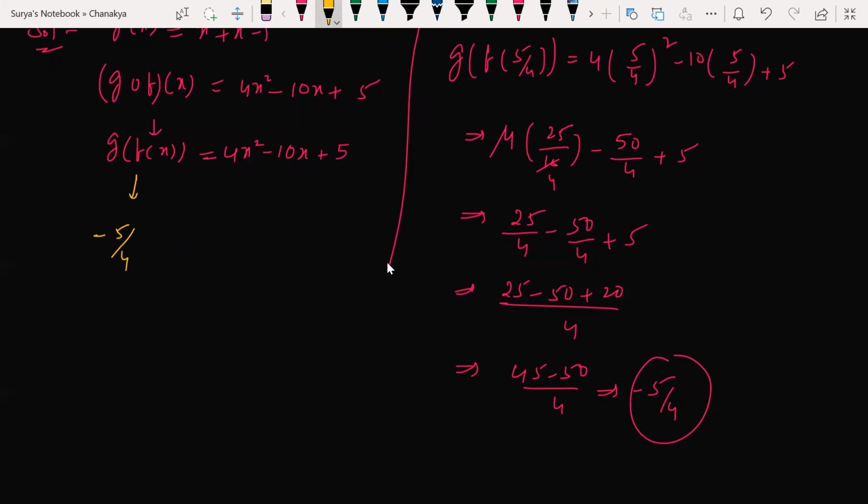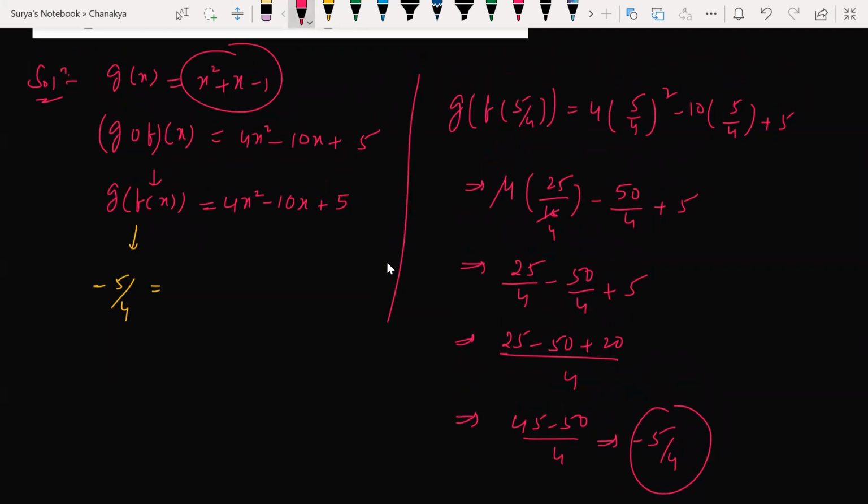Minus 5 by 4. And which is equal to what? What was g of x? x square plus x minus 1, right? So which can be written as f square of x plus f of x minus 1, right?